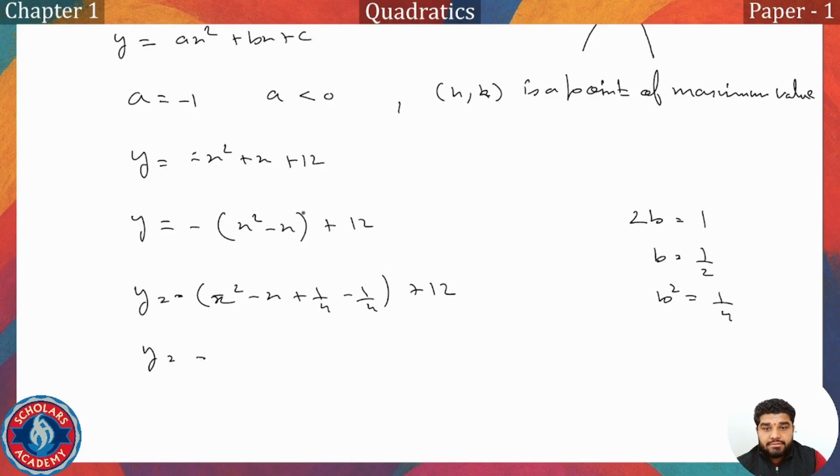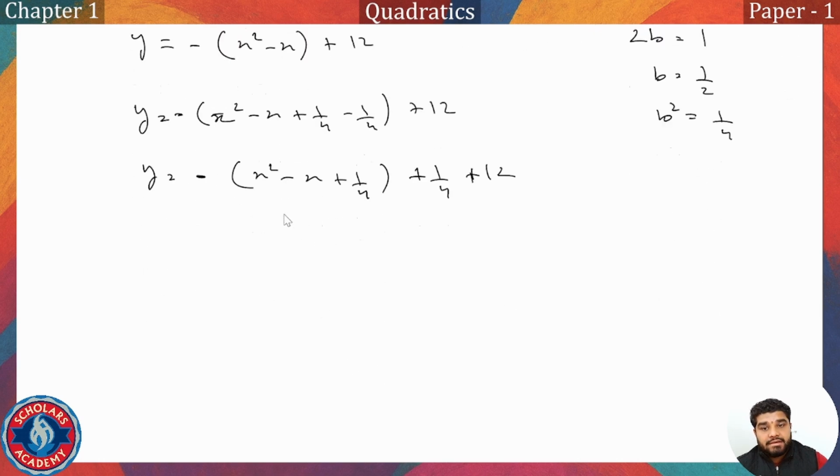So y is equal to negative, what I get is x square minus x plus 1 by 4. I take this negative 1 by 4 out, I get positive 1 by 4, because negative times negative is positive. We have this negative 1 in multiplication over here. So plus 12, and what I get is y is equal to negative x minus 1 by 2 whole square plus 49 by 4.